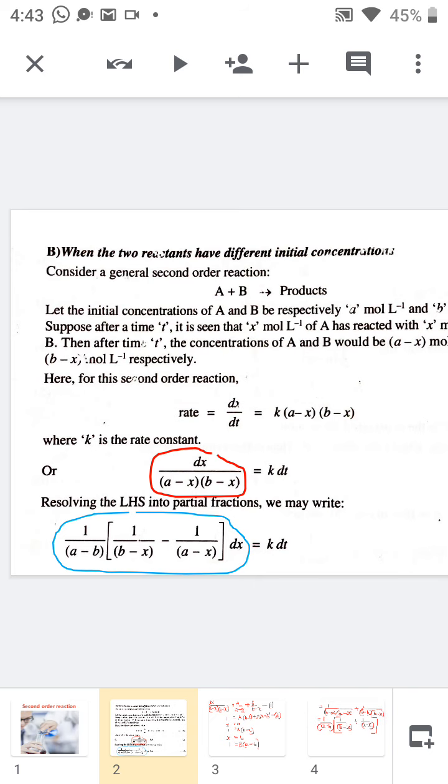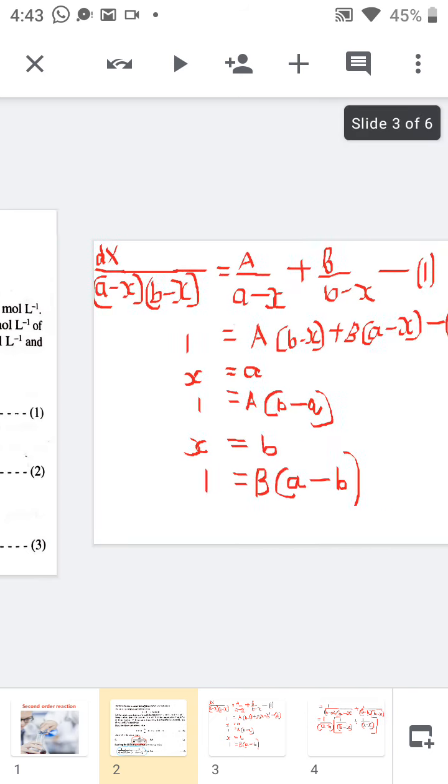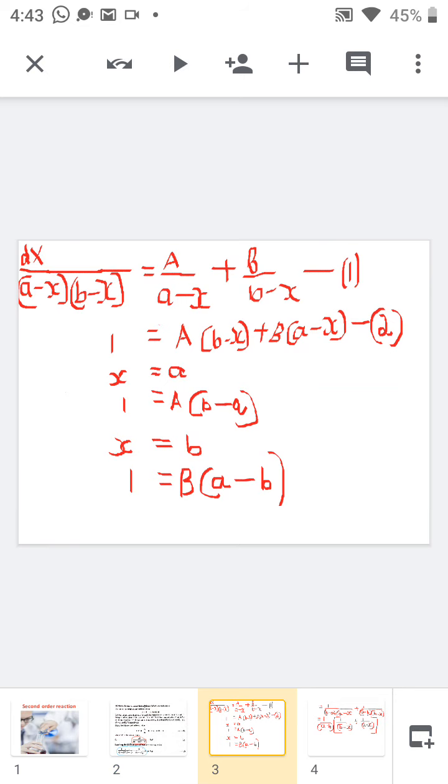Then we have to do the partial fraction. So our term dx by (a minus x)(b minus x) can be written as capital A divided by (a minus x) plus capital B divided by (b minus x). We have to find out the values of capital A and capital B.